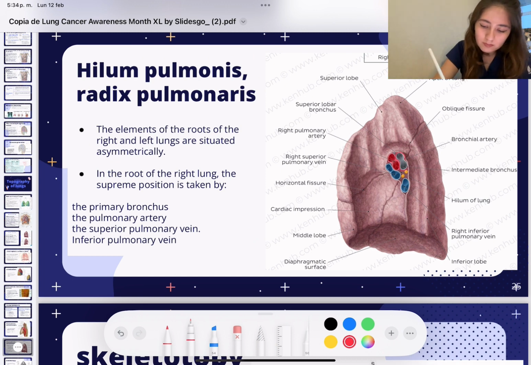So, main bronchus, right pulmonary artery, right inferior pulmonary vein, right superior pulmonary vein, and of course plexuses.